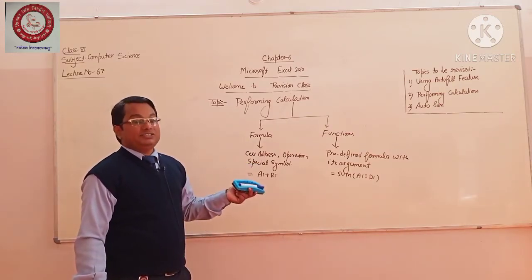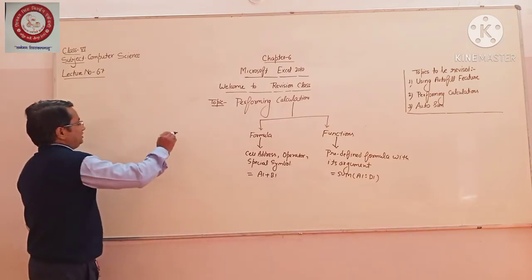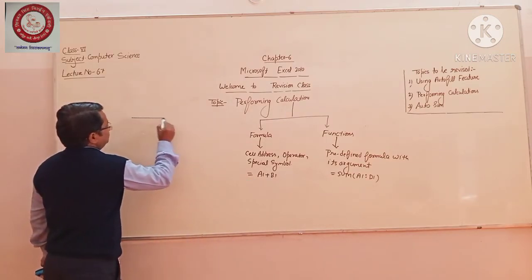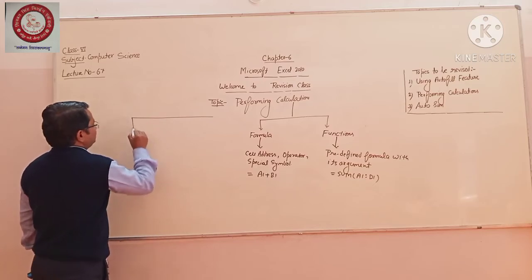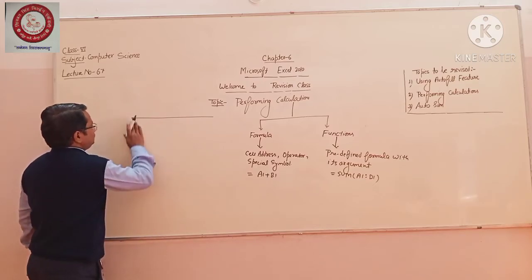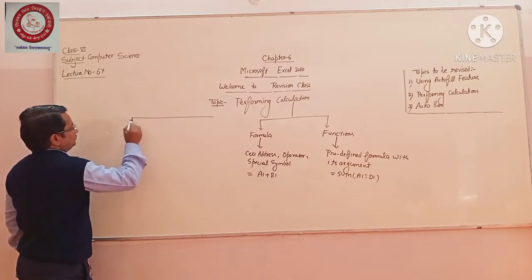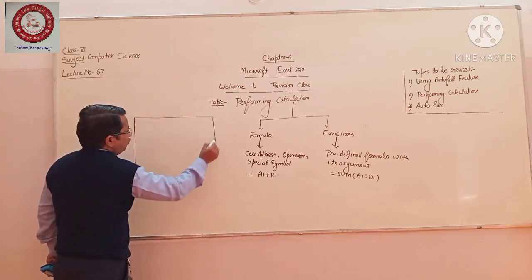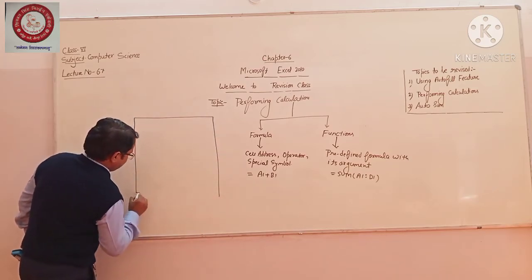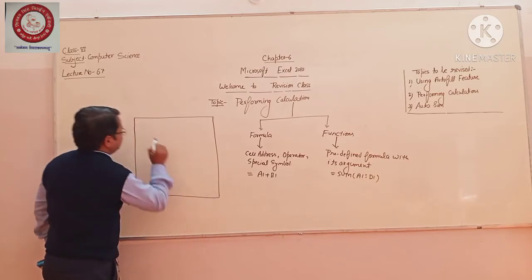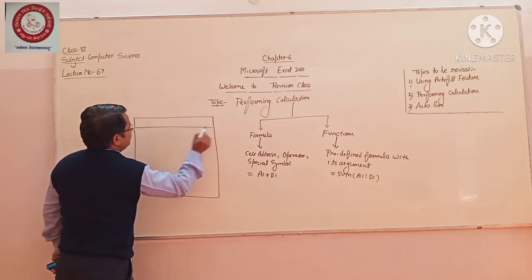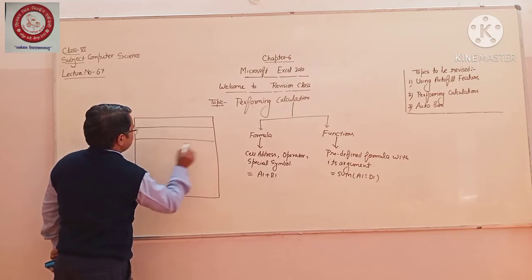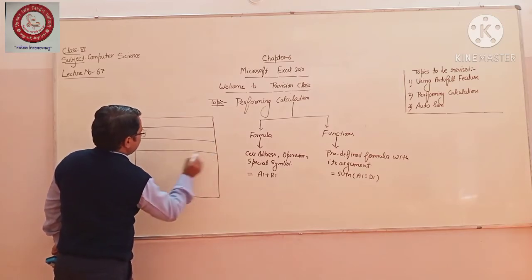Let's take one table, and then we will start. Let's draw one table. Right now I am just trying to make one rectangle. Suppose this is your rectangle, this is your row, this is your row.